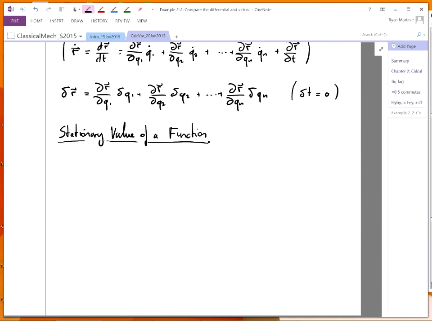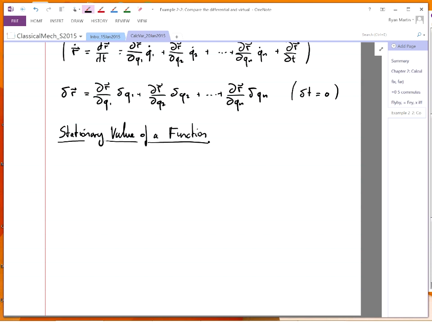The idea is that we want to find spots where that function is stationary, and so in our familiar 3-dimensional space, we're talking about a 2-dimensional surface and finding peaks and valleys and inflection points. So the important thing to know is that for a stationary point of a function, the variation of that function in any direction is 0.